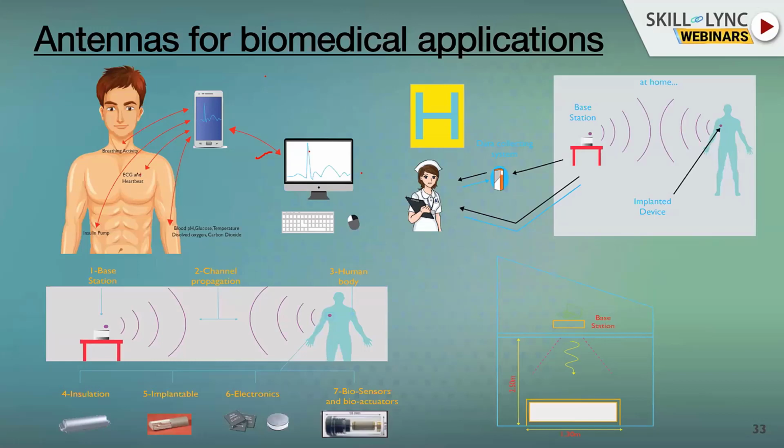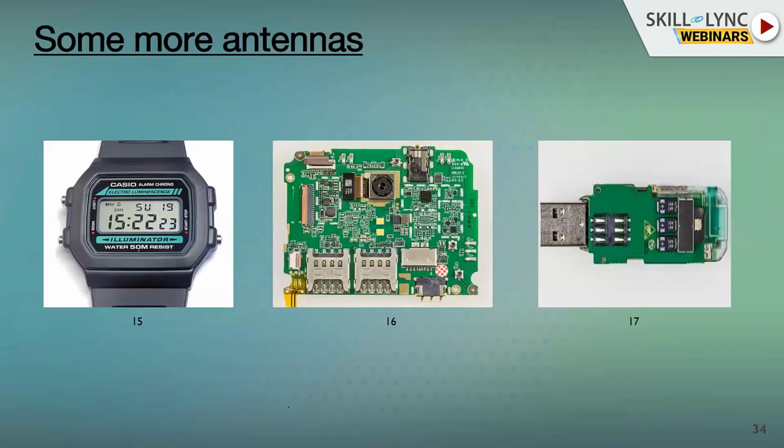For example, in a pacemaker, in order to monitor the pacemaker's health, you can use wearable antennas, capsule antennas, or implantable antennas, and many more. With that, you can monitor the operation of the pacemaker and the patient's health.